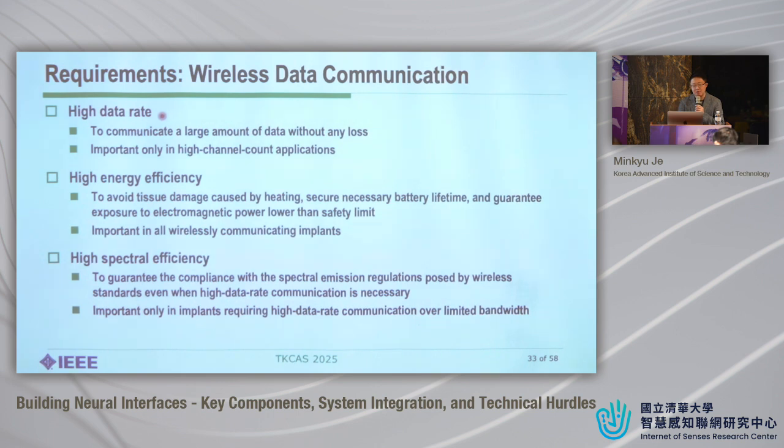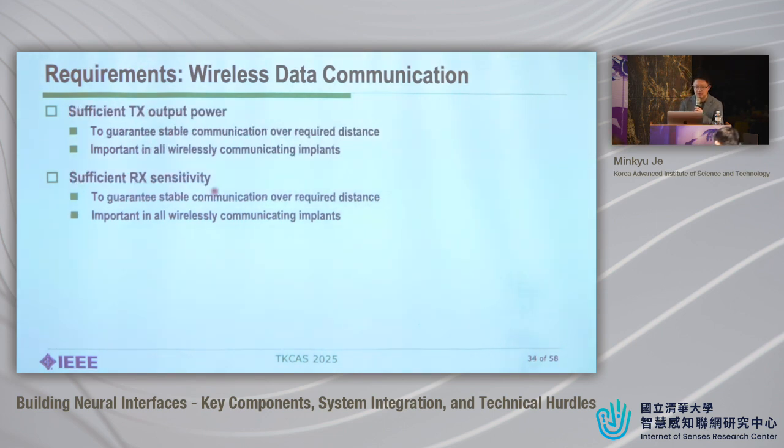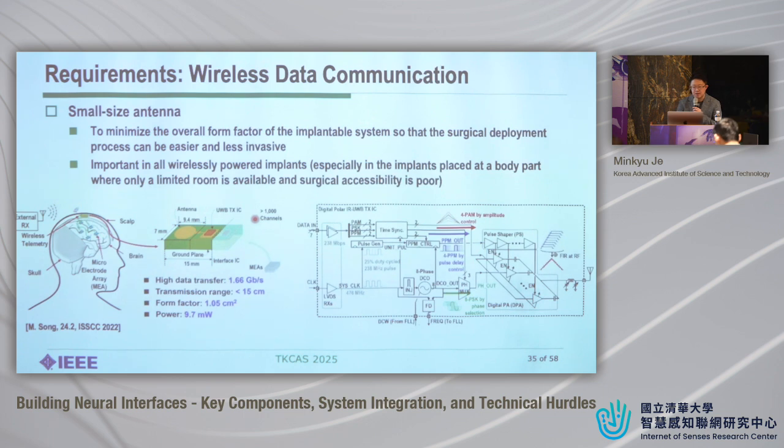We need a high data rate in many applications, especially for brain-machine interface, and high energy efficiency and high spectral efficiency. They are all important. And we need to provide sufficient TX output power so that we can guarantee stable communication over the required distance, and sufficient receiver sensitivity to guarantee stable communication over the required distance. And again, a small size antenna for miniaturization will be another important research direction.